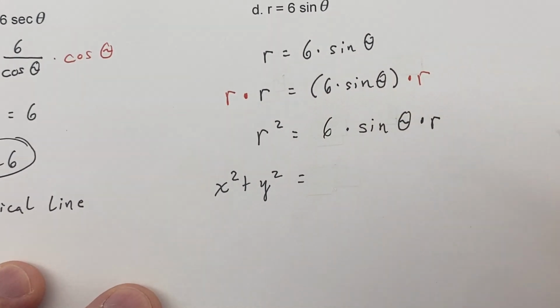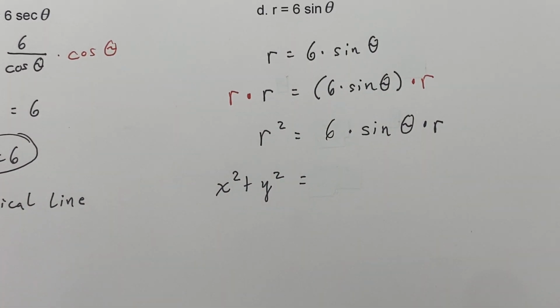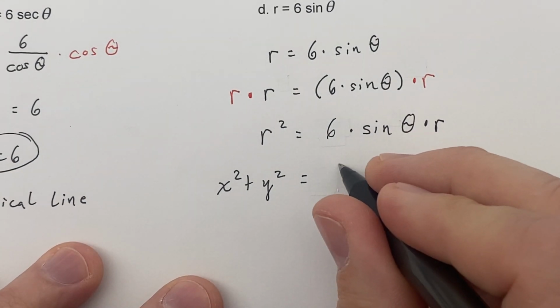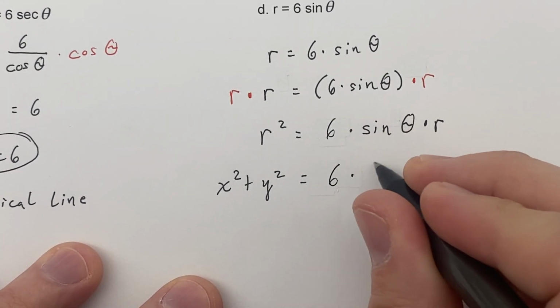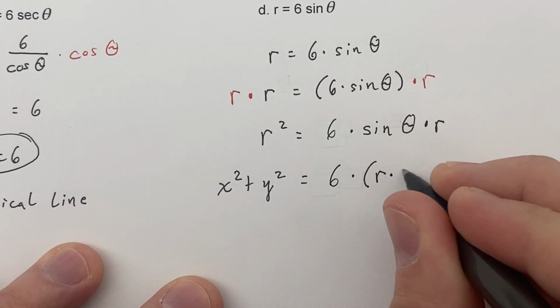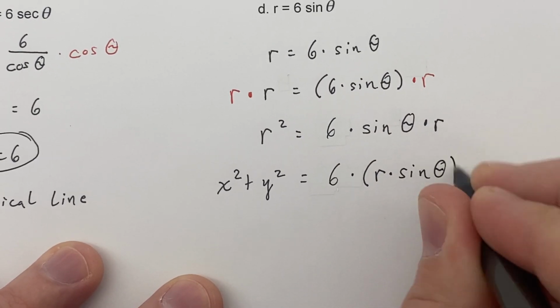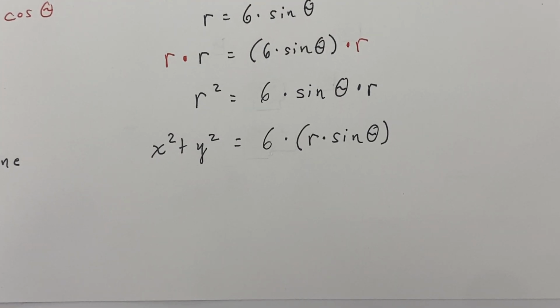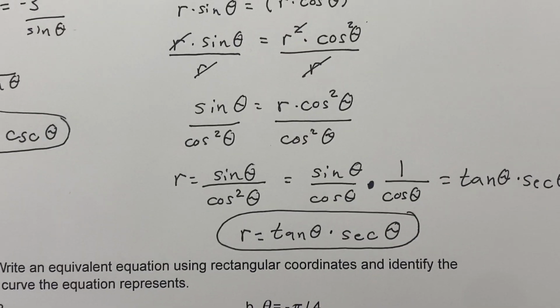6 times sine of theta times r. I'm going to rewrite this just so you can see it, and I might even put it in parentheses. Again, the only thing I can tell you is know what you have available to you.